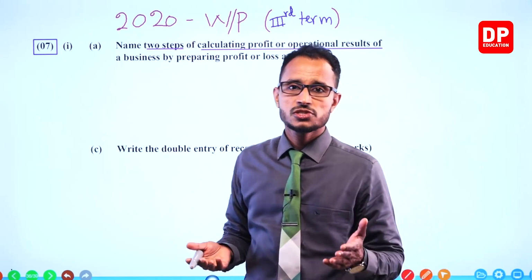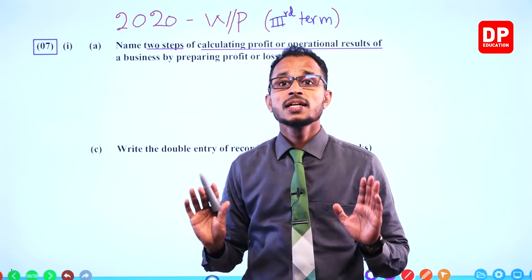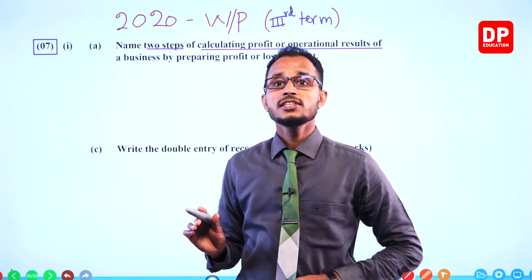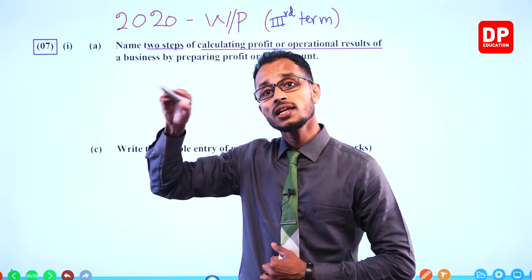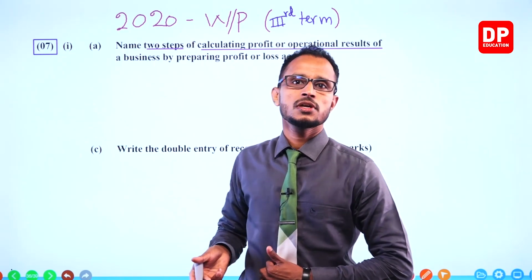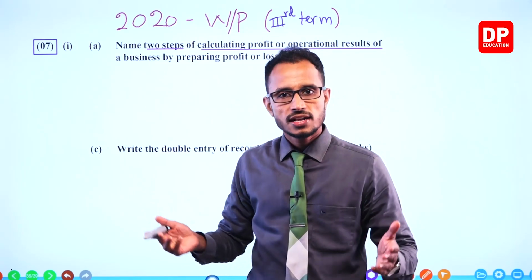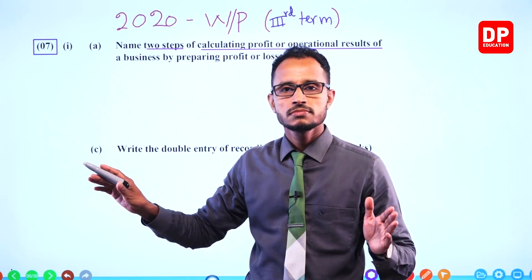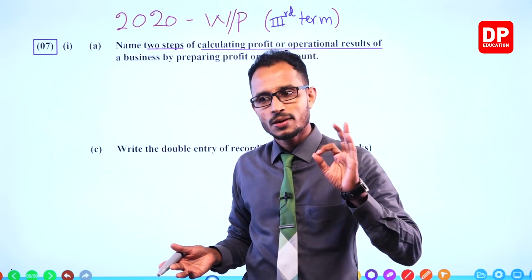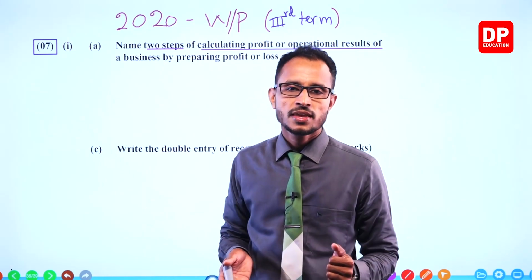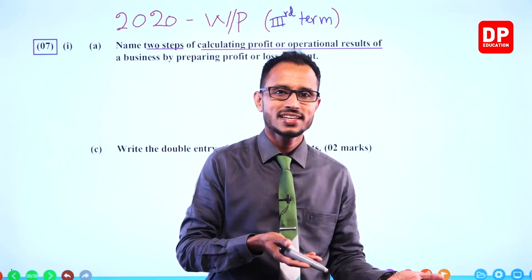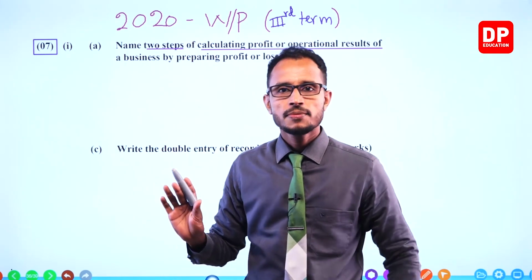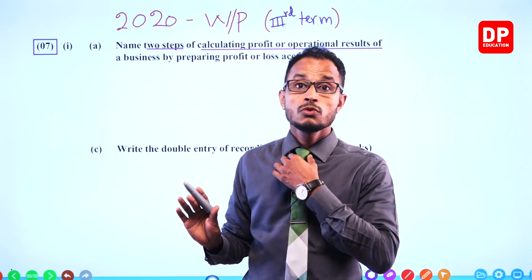You calculate profits or losses of a business. That is called the operational results of a business. If you calculate a profit, it's a positive result, and if you get a loss, it's a negative result. It doesn't matter. You have to be ready for both of them.